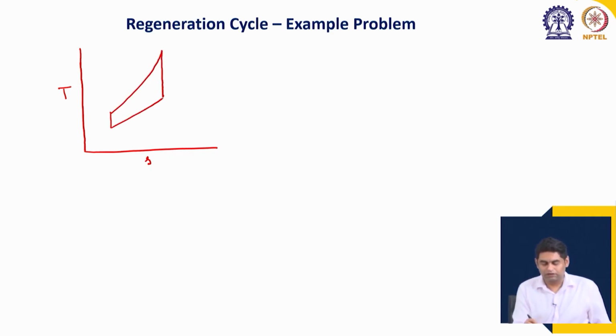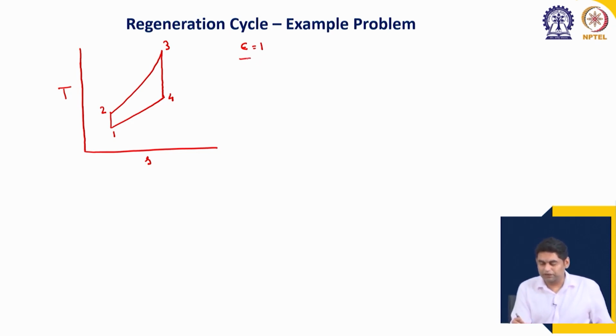Let us say that this was the original TS diagram, 1 to 2, 3 and 4. Now we will consider a case with 100% regenerator effectiveness. Regenerator effectiveness is equal to 1, which is the ideal case.